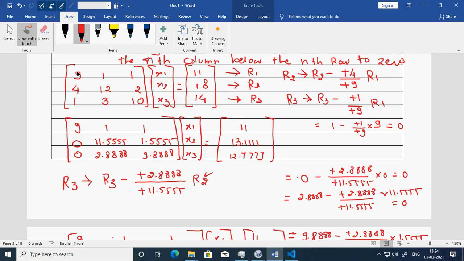If here 9 is 0, with the help of this 0, I cannot make 4 and 1 zero. It is not possible. If 12 is 0, with the help of this 0, I cannot make this 3 zero. So if the diagonal element is 0, I cannot move ahead. And that is what partial pivoting does. It moves the 0 somewhere else and we have the maximum diagonal element available, so that the rest of the elements I can make 0.